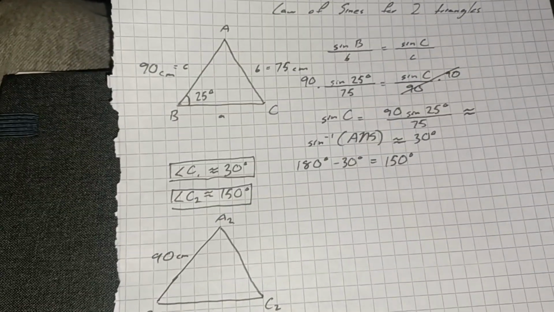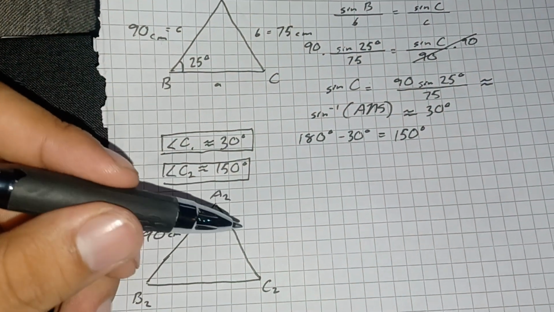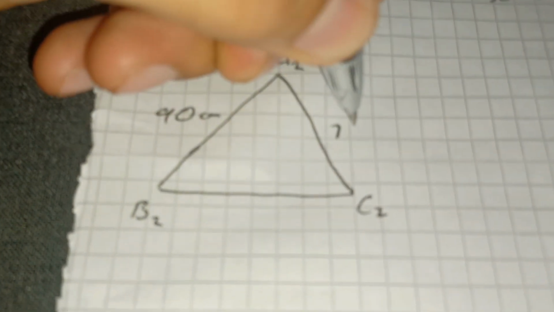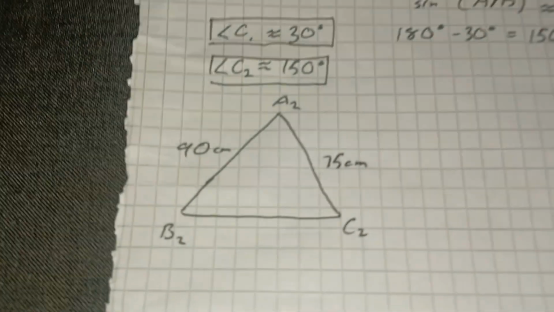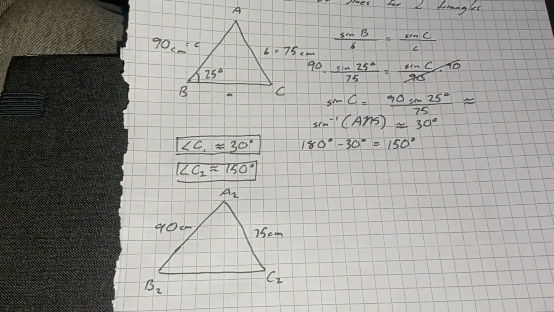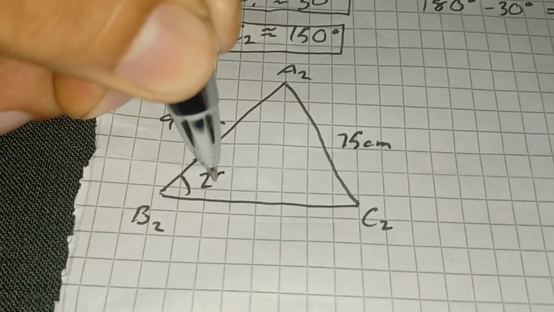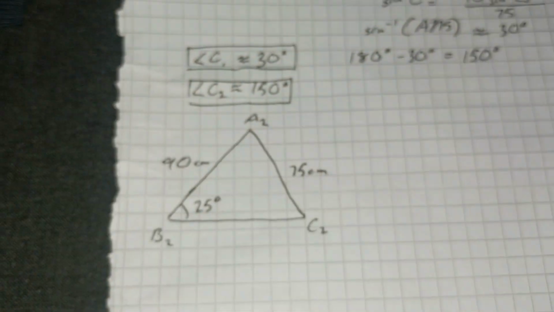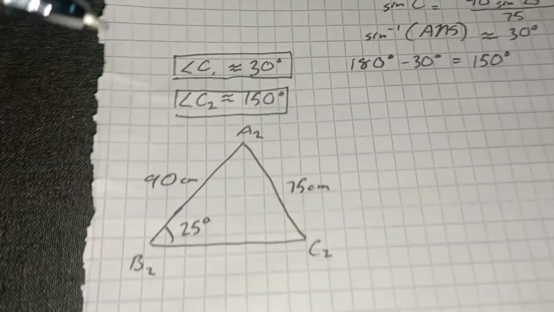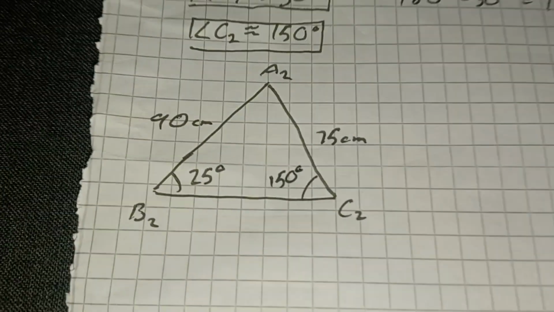Good? So now our b is 75 centimeters. So we're going to plug in the little b sub 2, 75 centimeters right here, because it's already given to us. We're not going to change it. And this, we're obviously not going to change, 25 degrees. So we already have our C2, which is 150 degrees. So let's plug it in right here, 150 degrees.